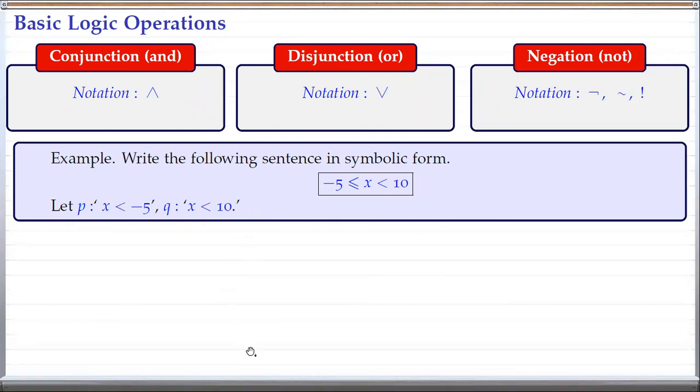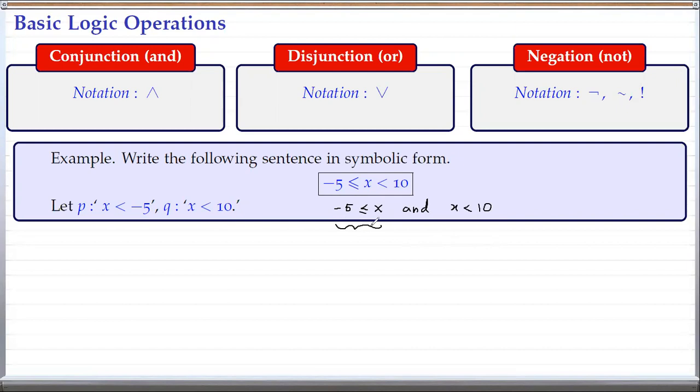This one is very similar to the example we just looked at, except P is a little different. Again, let's break this into two statements. -5 is less than or equal to x and x is less than 10.